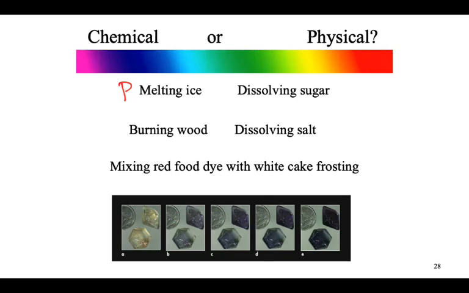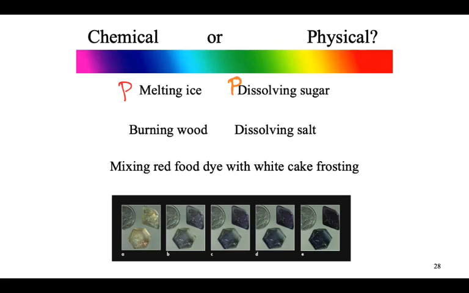Dissolving sugar. It is physical. Why is it physical? So we're hearing an aspect of reversibility. There is a reversibility to that. It's a bit challenging, but you can pull that off.